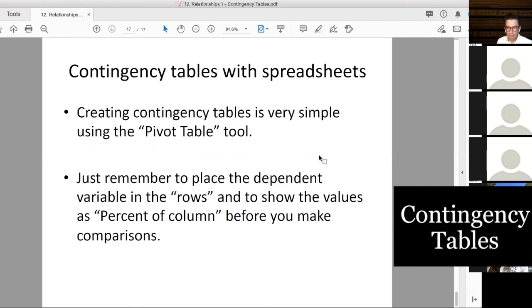And it's very simple. You are already well on your way to doing it because you already know how to use the pivot table tool. Just remember to place the dependent variable on the rows and the independent in the columns, and ask for percent of column before you make comparisons.